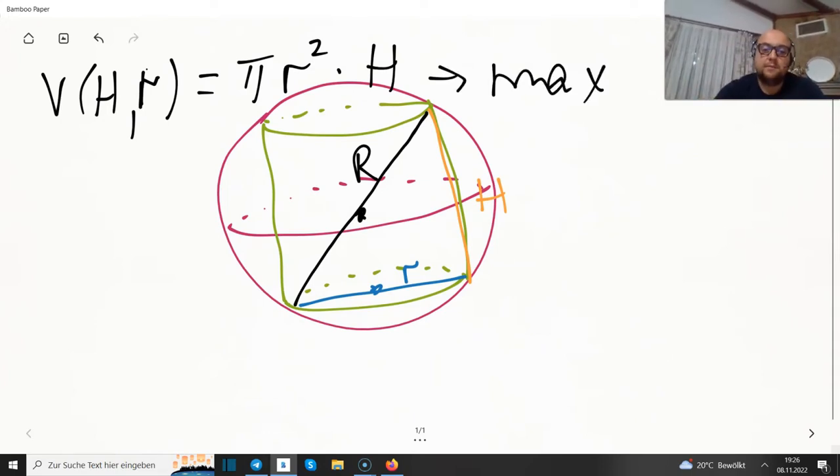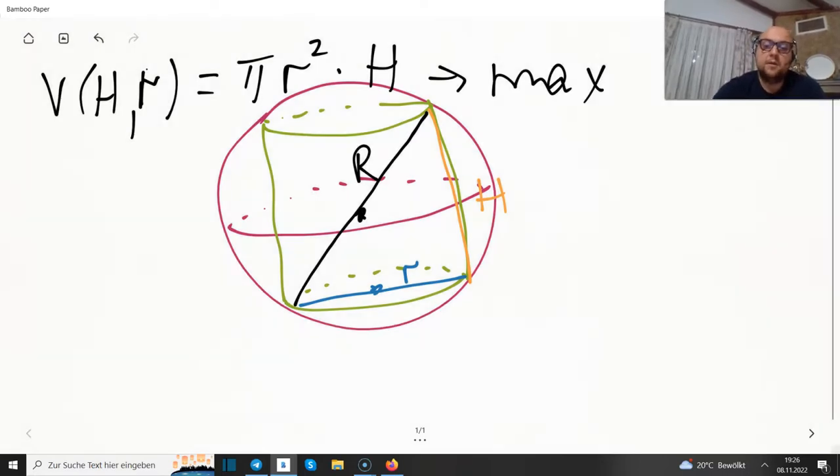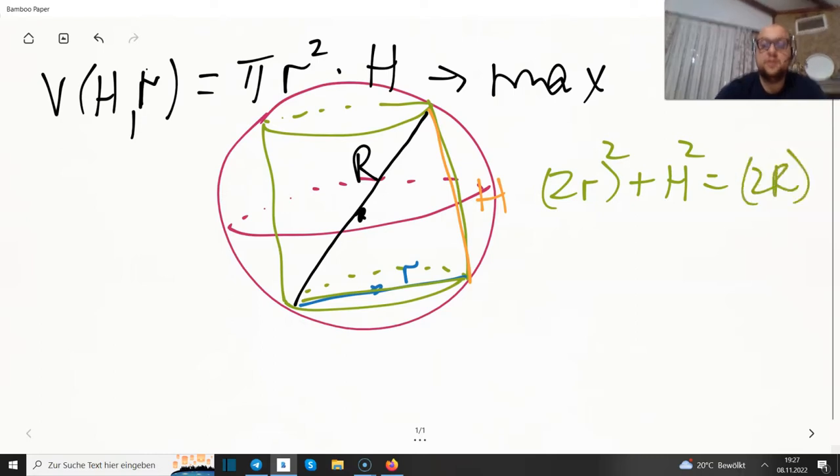All right. But what do I have here also? I have 2r squared plus h squared equals 2 capital R squared. So what can I do now?